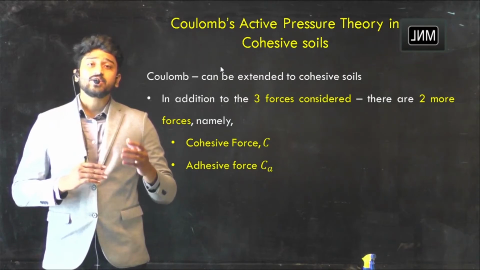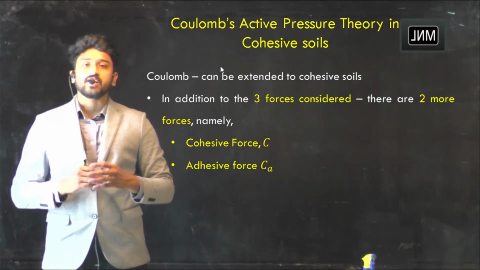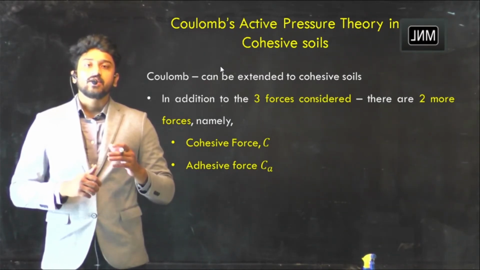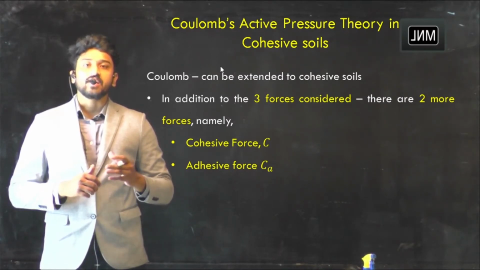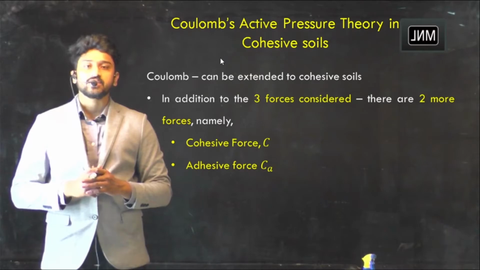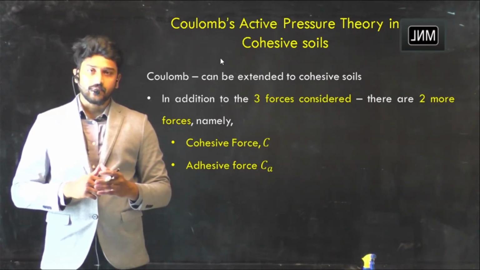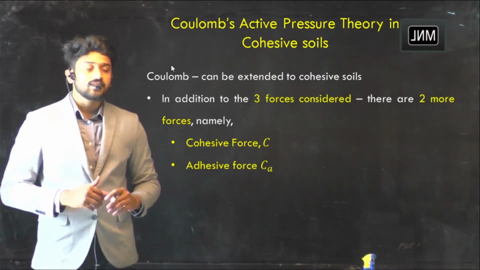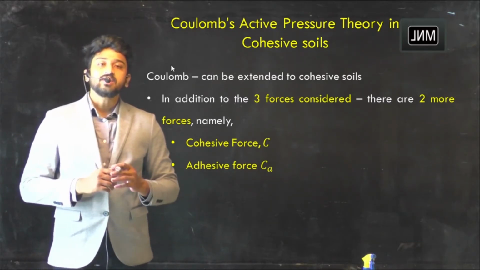So additional to this, when we are considering a cohesive soil, there are two more additional terms, that is cohesion force as well as the adhesive force. Okay, cohesion force is represented by C and the adhesive force is represented by CA. So as discussed, there are some additional terms here.